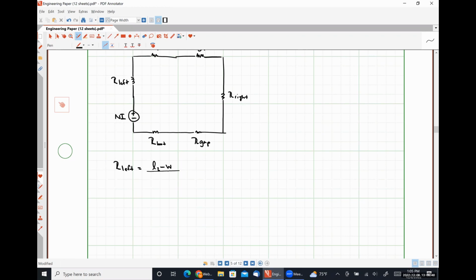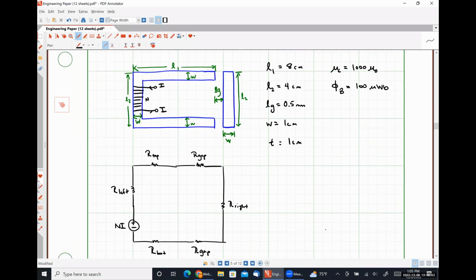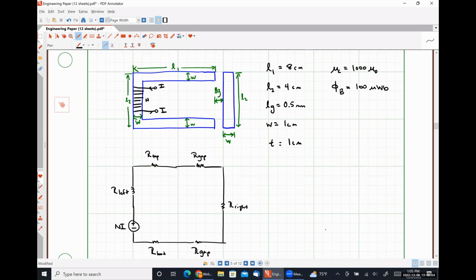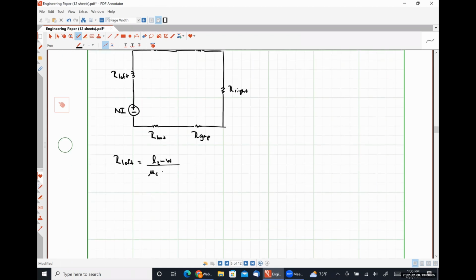Because the beam is part of the core, we'll have mu C. What's the area that our flux sees as it travels on the left path? W times T. So we can throw numbers into this.